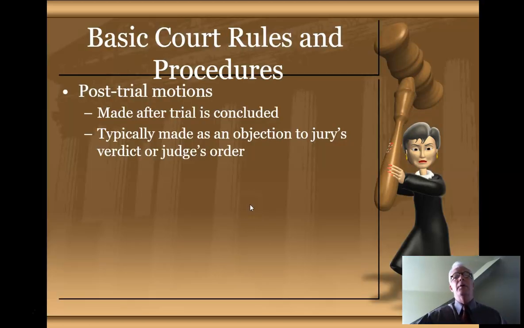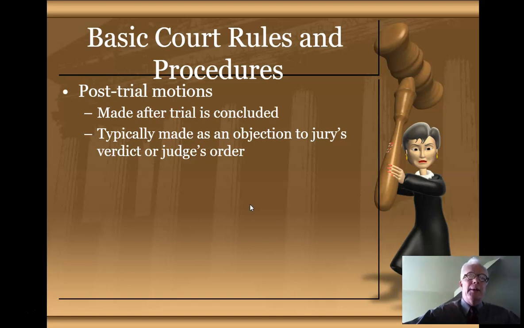After the trial's over, the case isn't over. There could be motions afterwards. People could argue that the jury's verdict wasn't reasonable, that no reasonable jury could have reached that verdict. They can argue that the judge screwed up during the course of the trial, admitted evidence that shouldn't have been admitted, allowed a witness to testify that shouldn't have been allowed to testify, and then you appeal.